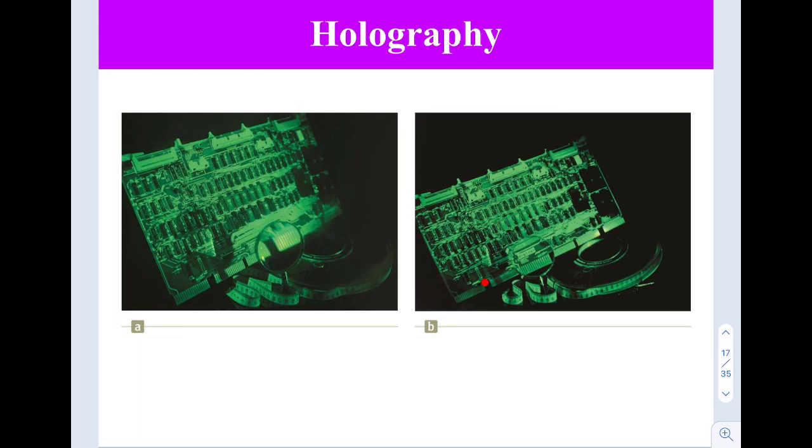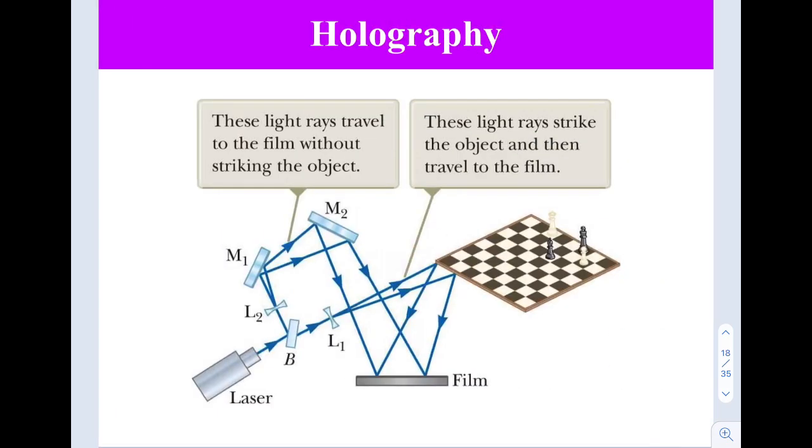In this hologram, a circuit board is shown from two different views. Notice the difference in the appearance of the measuring tapes, and the view through the magnifying lens in A and B. So how is the hologram made?